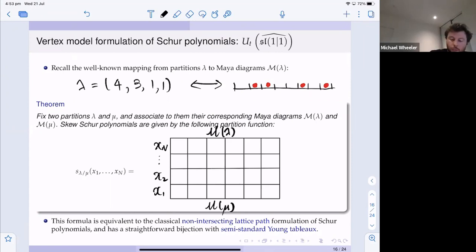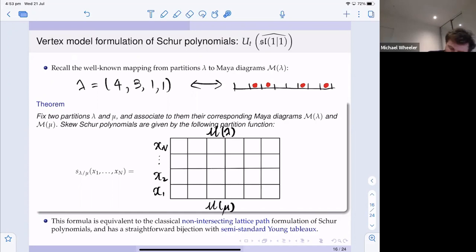If you compute that partition function, you get precisely the skew polynomial. Now this result has been stated here in the language of vertex models, but it's really a classical result, because what you have here is nothing but the non-intersecting lattice path formulation of Schur polynomials. So the formula really comes as no surprise.